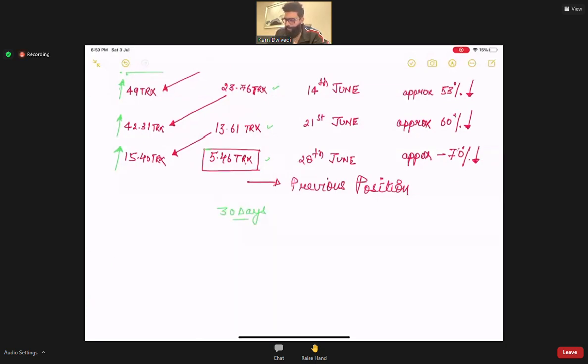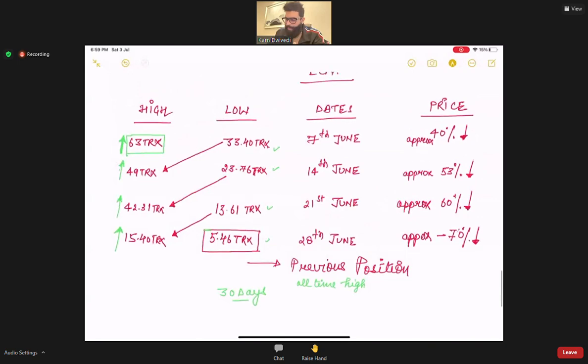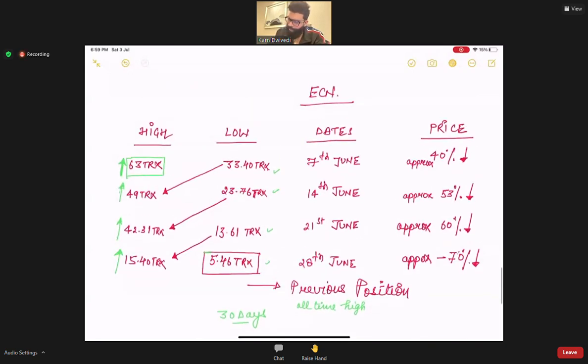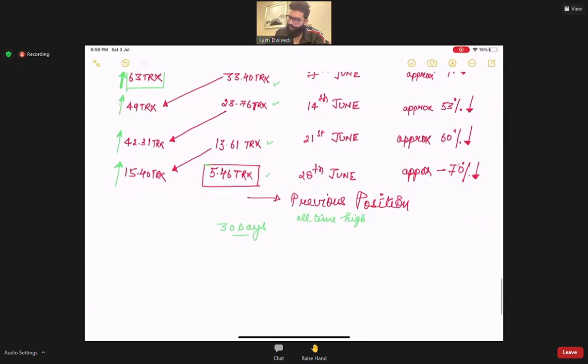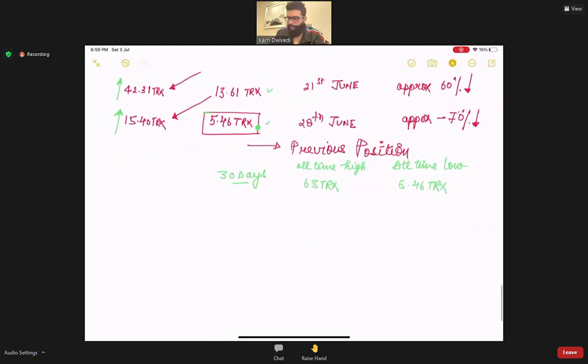In the last 30 days, the all-time high was 63 TRX, and the all-time low, this one, 5.46 TRX, right?